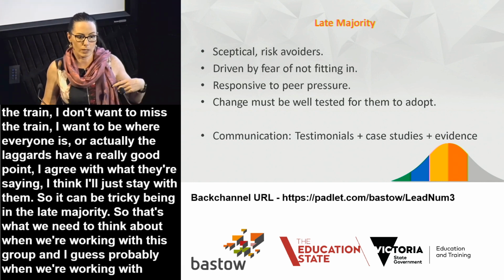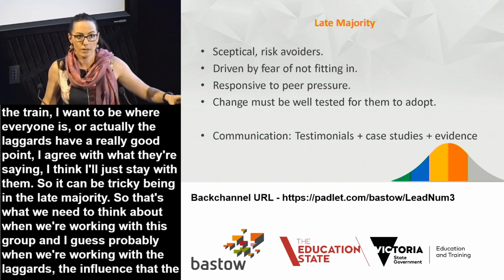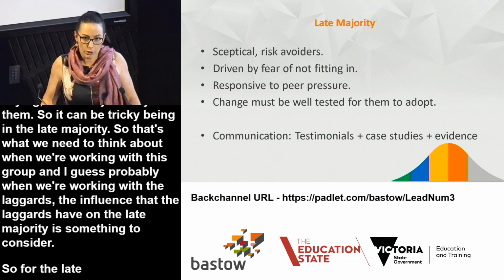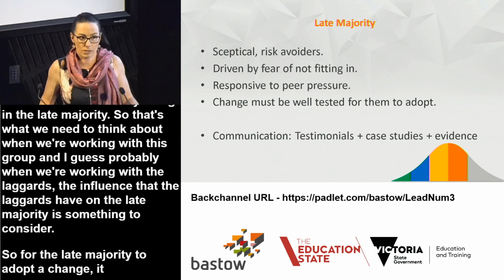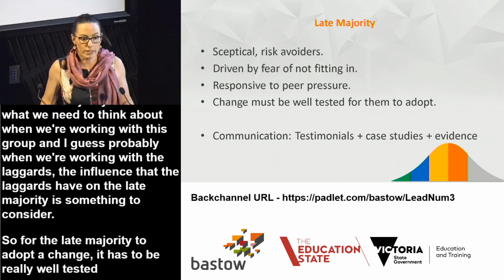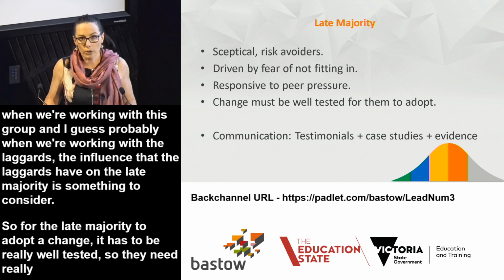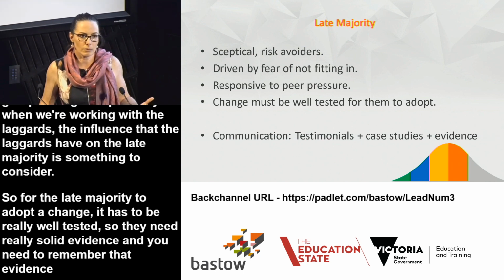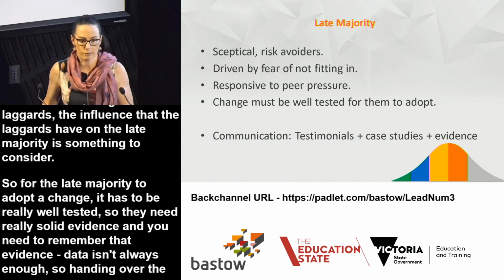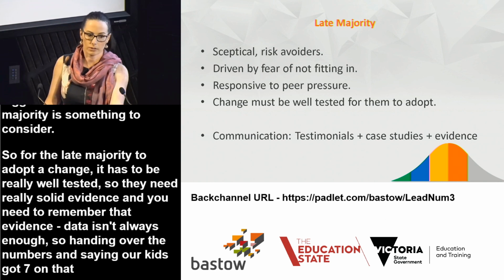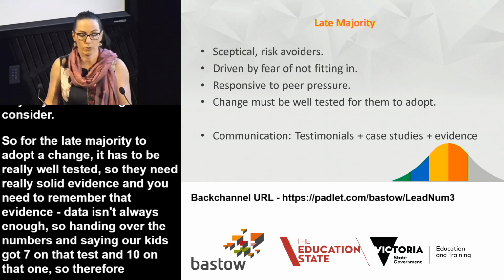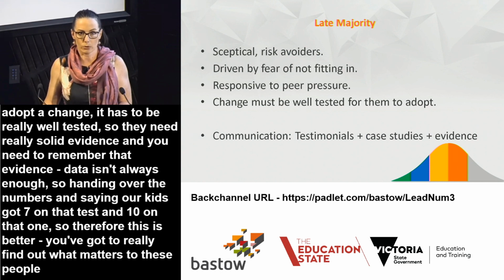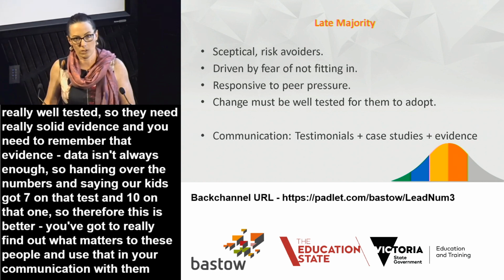And I guess probably when we're working with the laggards, the influence that the laggards have on the late majority is something to consider. So for the late majority to adopt a change, it has to be really well tested. They need really solid evidence, and you need to remember that the data isn't always enough. So handing over the numbers and saying, our kids got 7 on that test and they got 10 on that one, so therefore this is better, is not enough. You've got to really find out what matters to these people and use that in your communication with them.